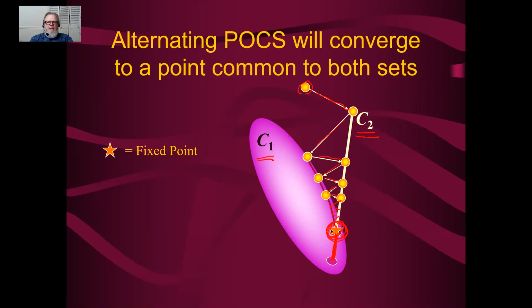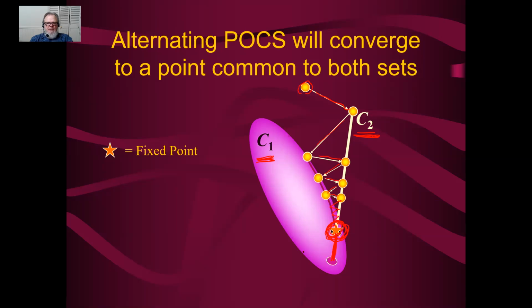This is important because if you're trying to design, for example, a signal that satisfies C2 and C1, and you know they're convex, and you can project among them, you can go back and forth, and you can be assured with 100% certainty that you will end up in your iteration at a point which is in the intersection of the convex sets.